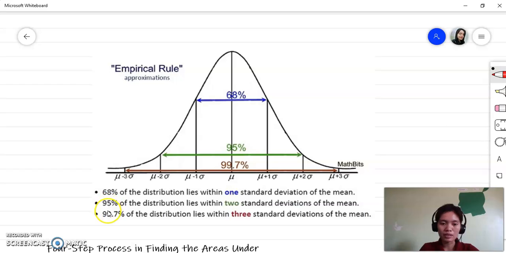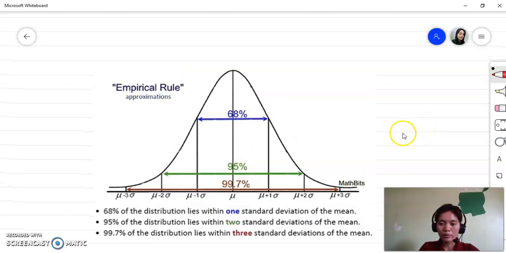Then 95% of the distribution lies within 2 standard deviations of the mean, so from -2 to +2. And 99.7% of the distribution lies within 3 standard deviations of the mean, so here you have -3 to +3.